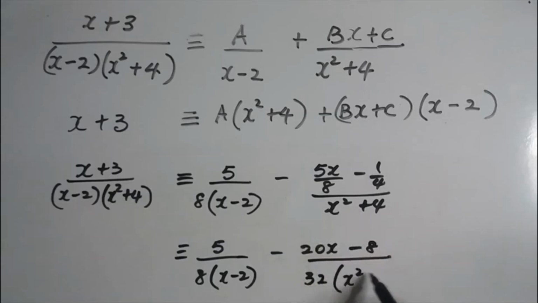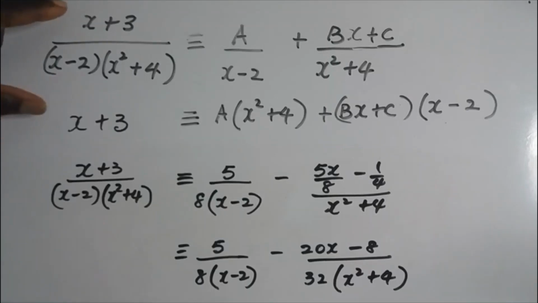That's into x squared add 4. And this is a simplified form of writing x add 3 over x minus 2 times x squared add 4 as partial fractions.